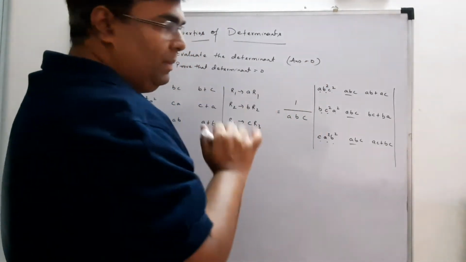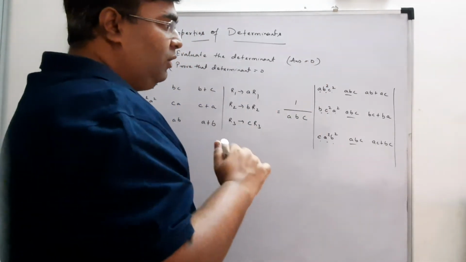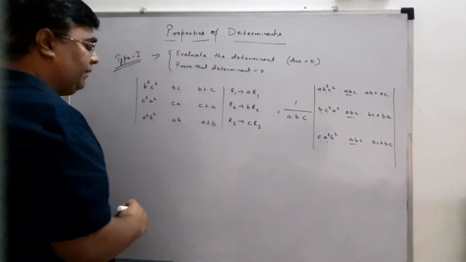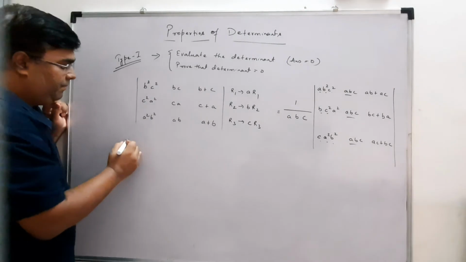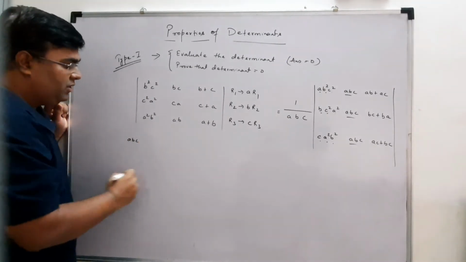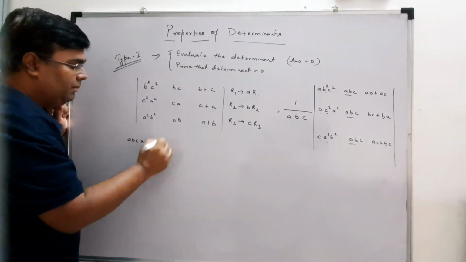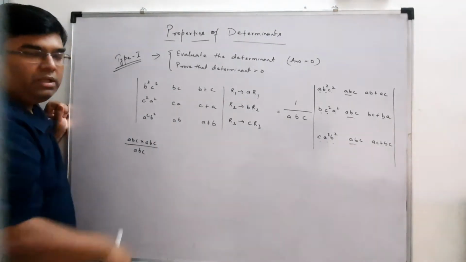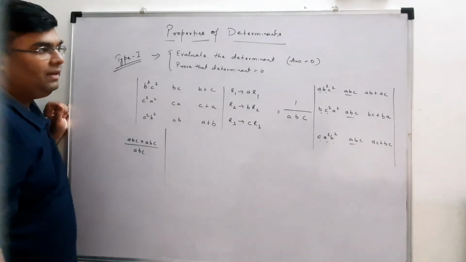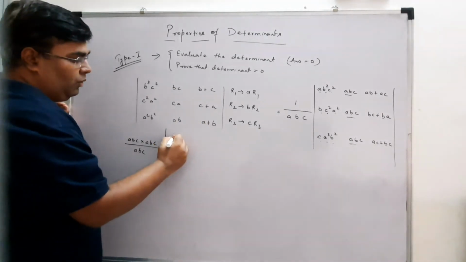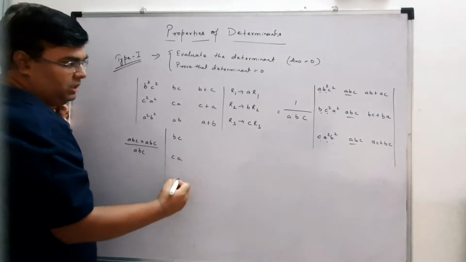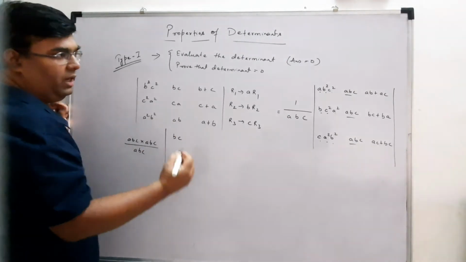Right? So two ABCs we can take common. It will be ABC from the first column and ABC from the second column. ABC is already there. So what is left? It will be only BC, only CA, only AB.